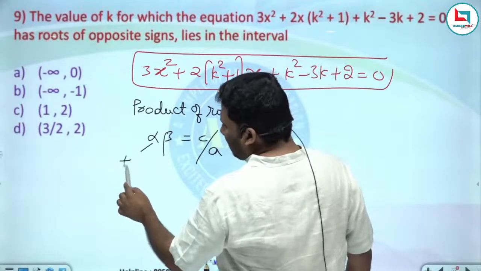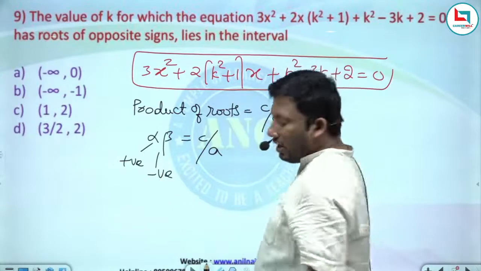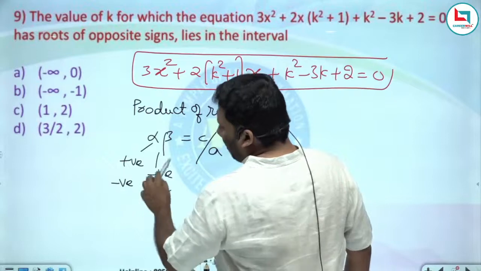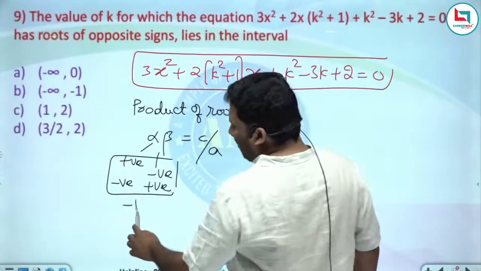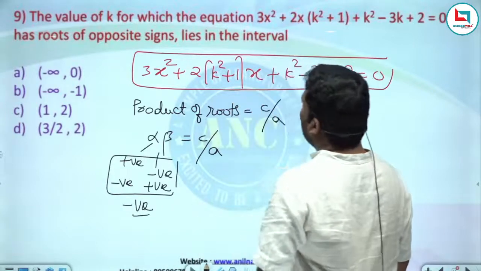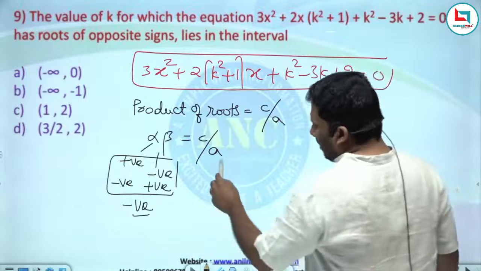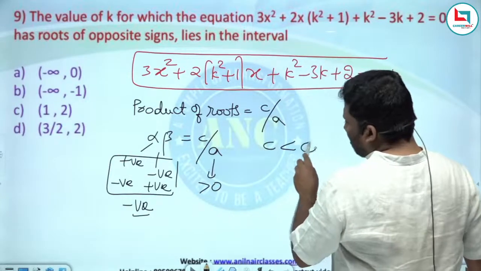That means if this is positive, this will be negative. Are you all with me? If this is negative, this will be positive. So positive into negative or negative into positive, it will be negative. Coefficient of x square is 3, which is positive. That means c should be less than 0.